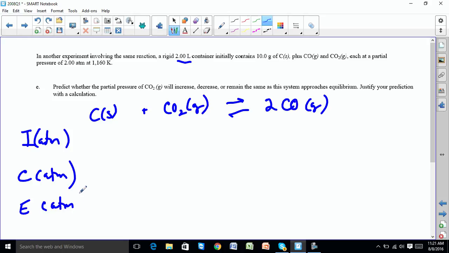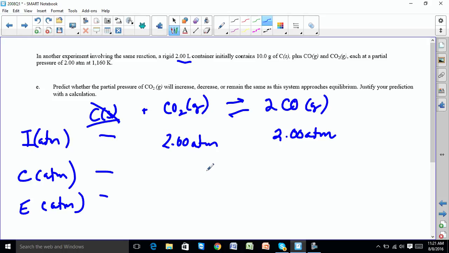Okay, and they give you 10 grams of this. Who cares? Doesn't affect. Here's the deal. They're telling you that initially this is 2 atmospheres and this is 2 atmospheres.